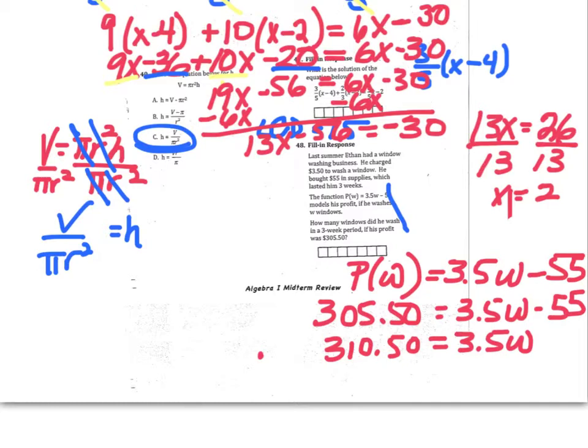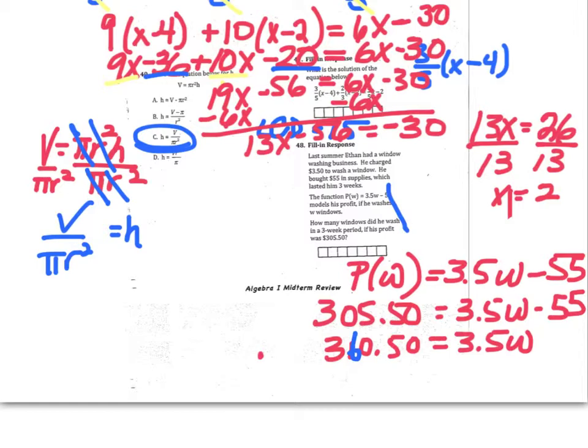So I should have added right here. Please make this correction. So I had written a 5 instead of 55. So I had 305.50 plus 55 instead of just 5 like I had. So this would have been 360.50, and then I divide that by 3.5.